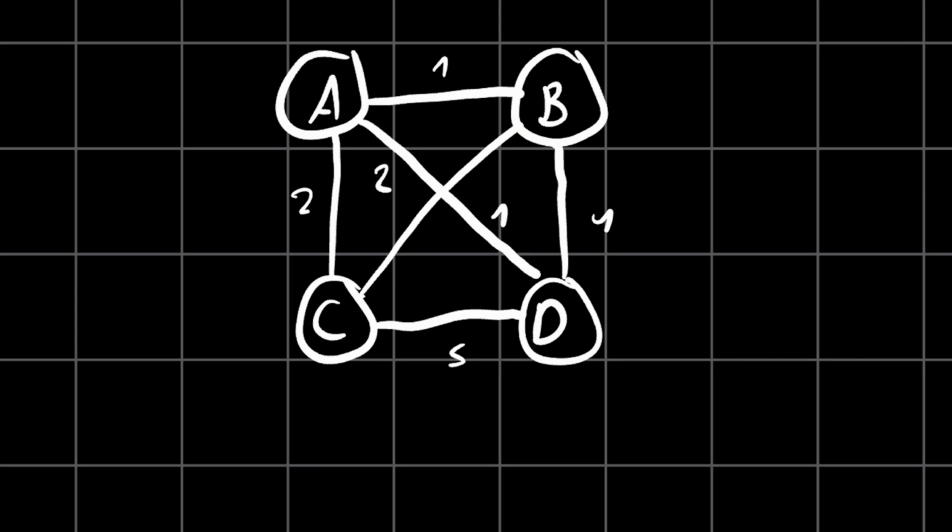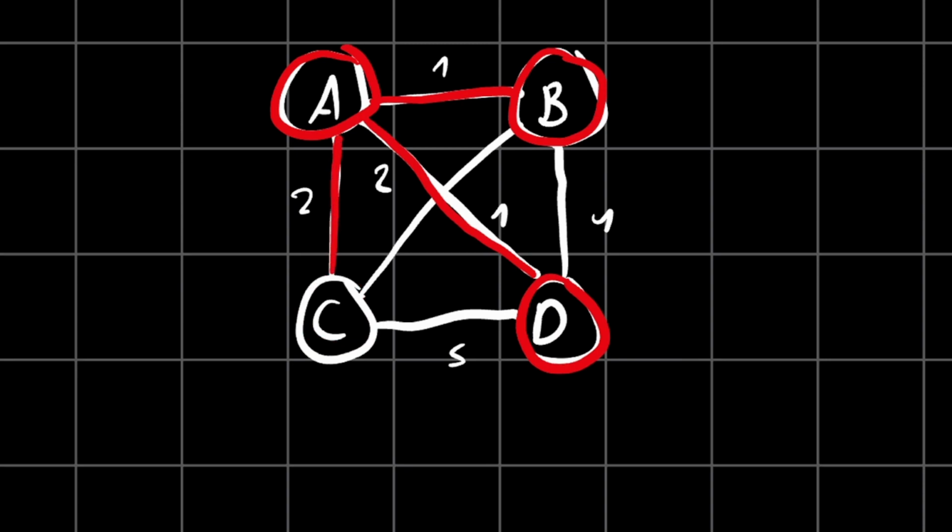So what we do here is, okay, the first shortest spanning tree will be like so. It just looks something like the following. In this case, our weight is going to be 1, 1, and 2, so that is 4. Weight equals 4.